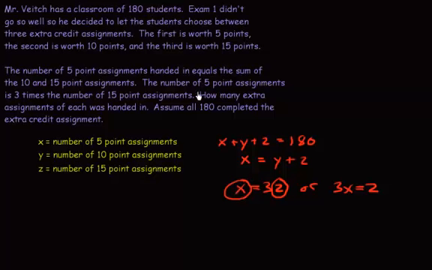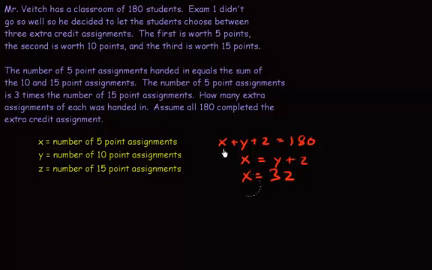There are 3 times more 5-point assignments, and that's true. So we actually want this one. Let me erase this and rewrite it. So we have X equals 3Z. So now I have my 3 equations.